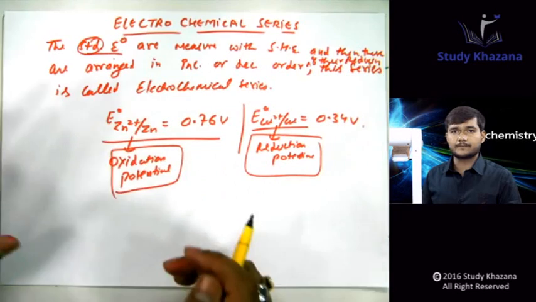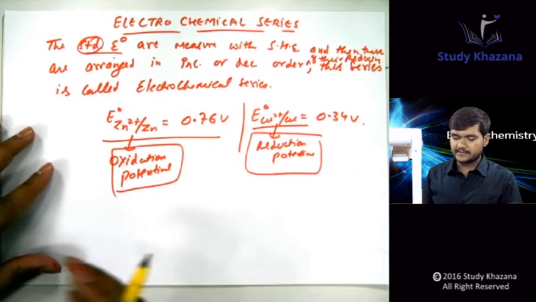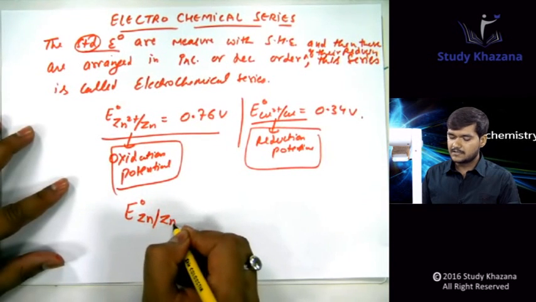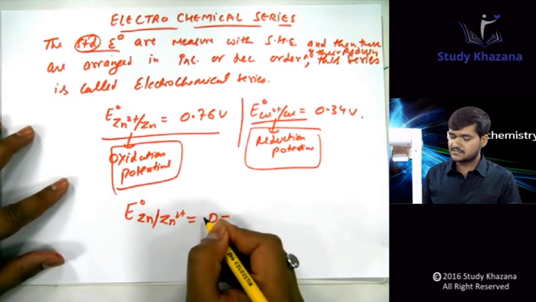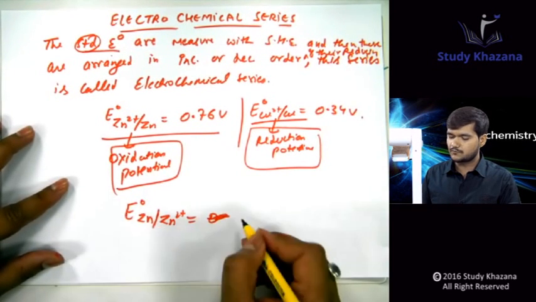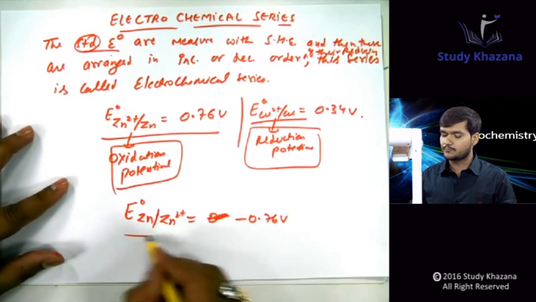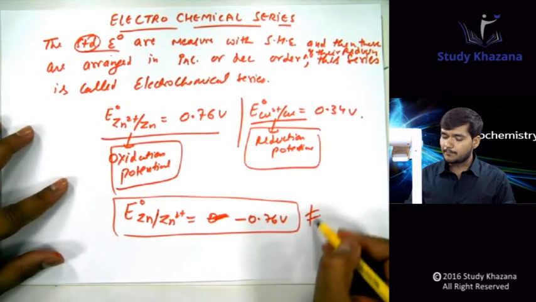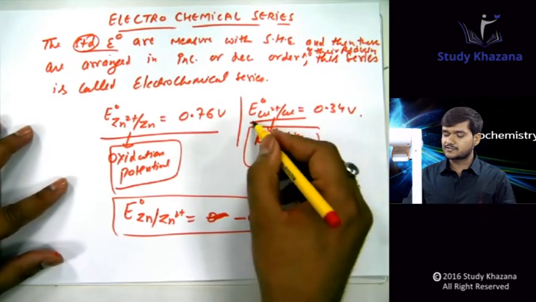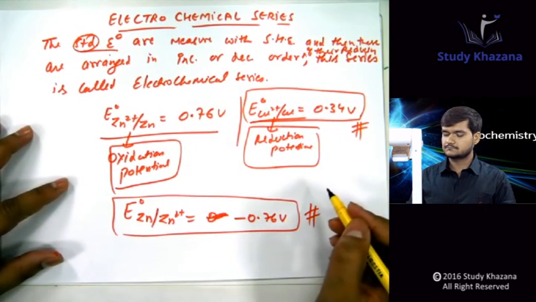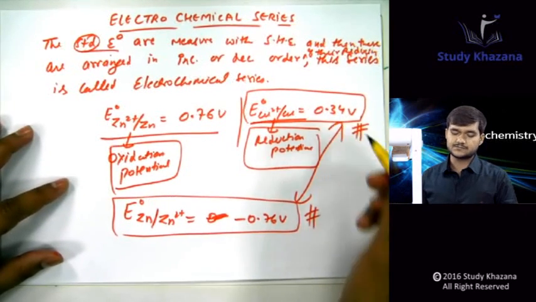So in order to compare, we always take reduction potentials. For zinc, the reduction potential is minus 0.76 volt. For copper, the reduction potential is 0.34 volt. Now we can compare because both are reduction potentials.